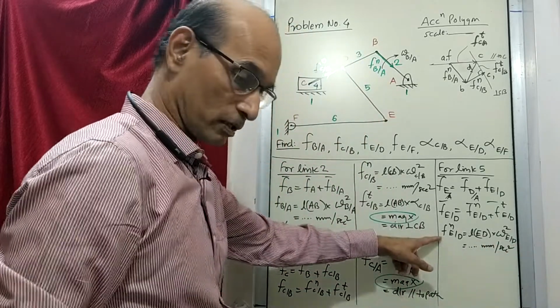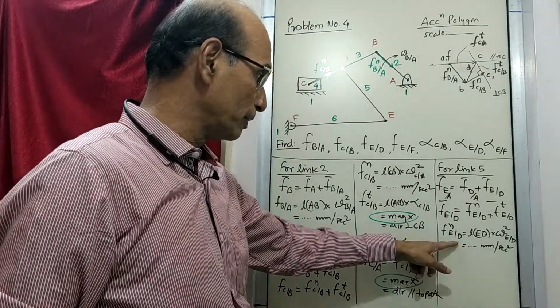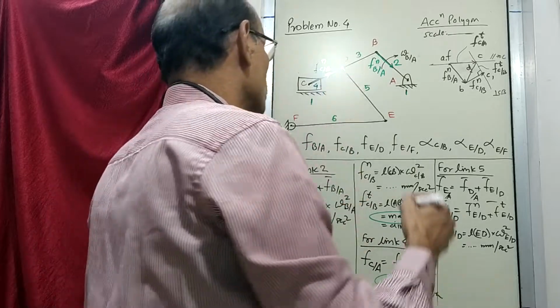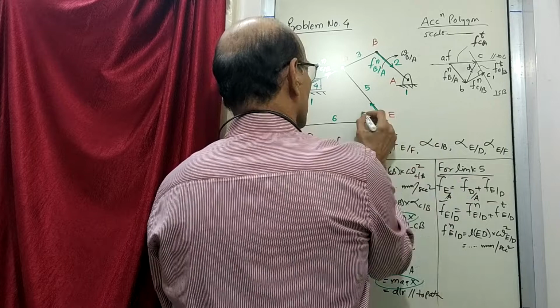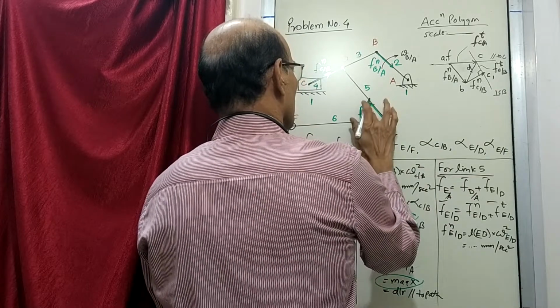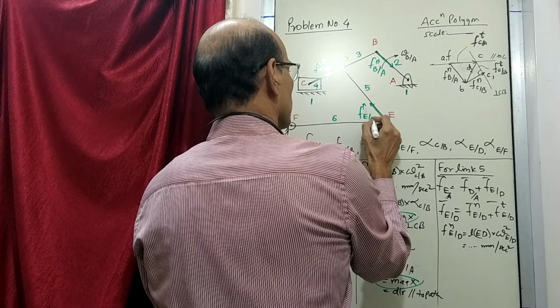So you know this vector completely by its magnitude as well as direction. It is from capital E to capital D in the linkage diagram. So I draw it here like this. This is the acceleration of E with respect to D.